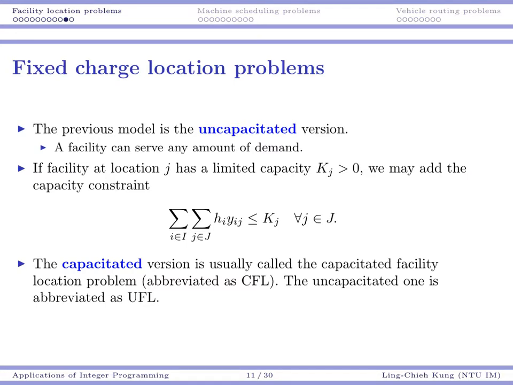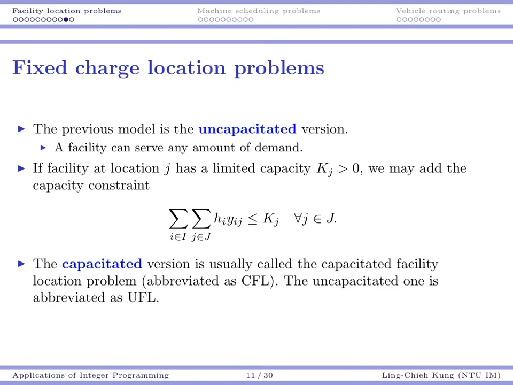That previous model is the uncapacitated version, which means a facility can serve any amount of demand. If the facility at location J actually has a limited capacity Kj, then we can add the following capacity constraint here. When you assign demands to facilities, you cannot simply assign them without considering capacities.